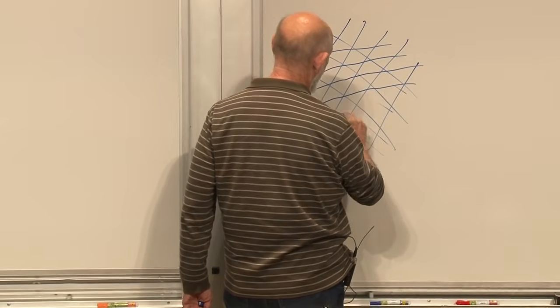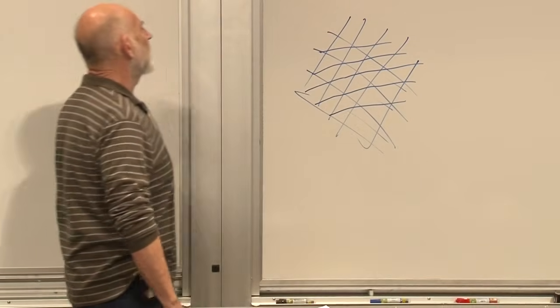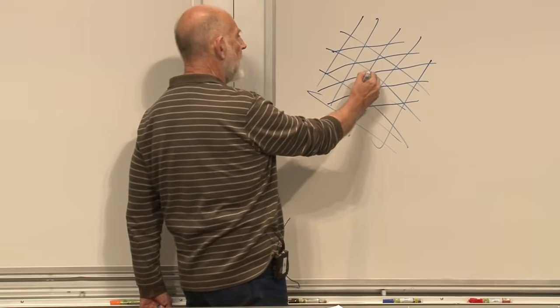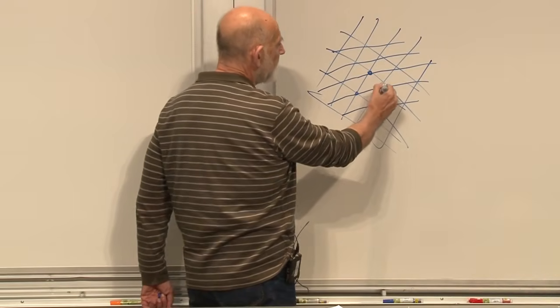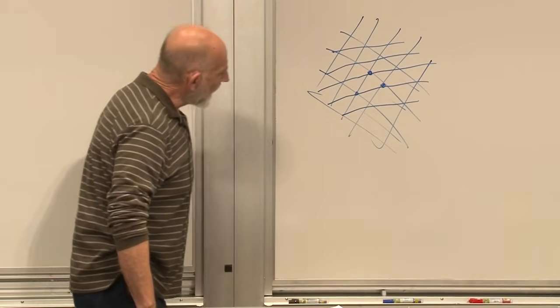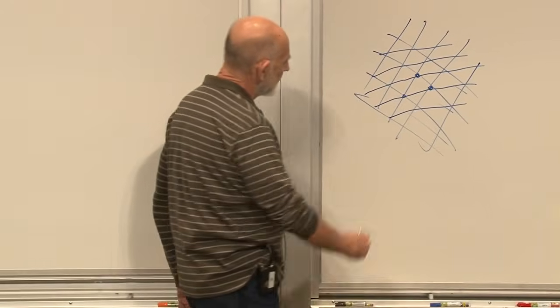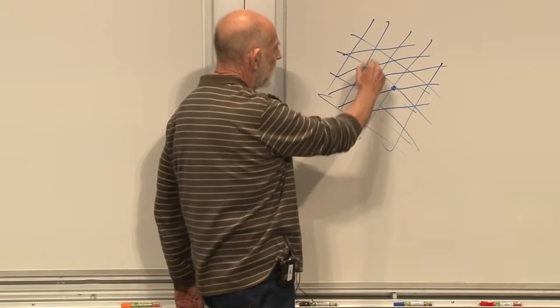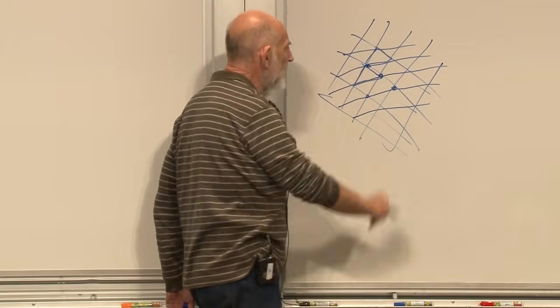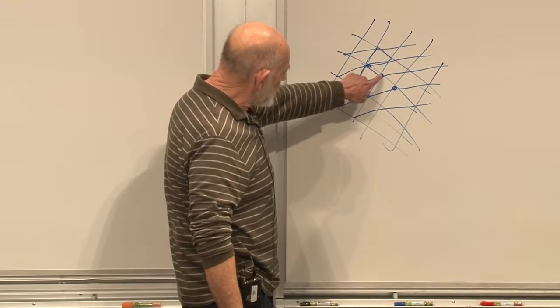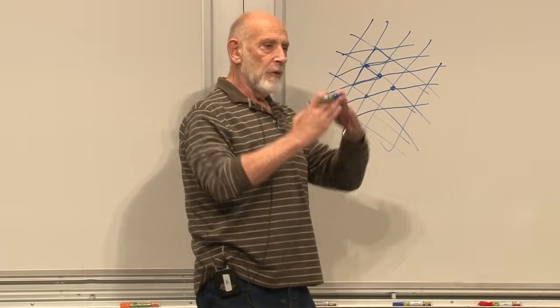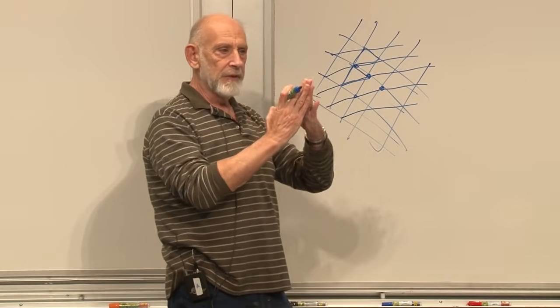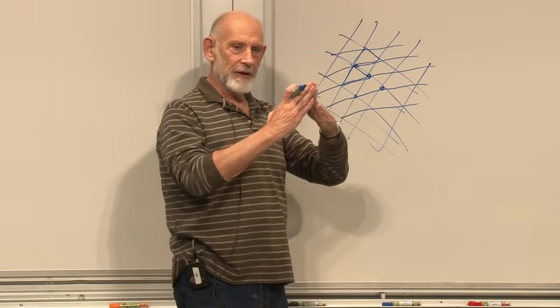A triangular lattice. That's a triangular lattice. It's built up out of triangles. And if every triangle is an equilateral triangle, these are all equal, these are all equal, then imagine that at the nodes here, we can, what's the right word?